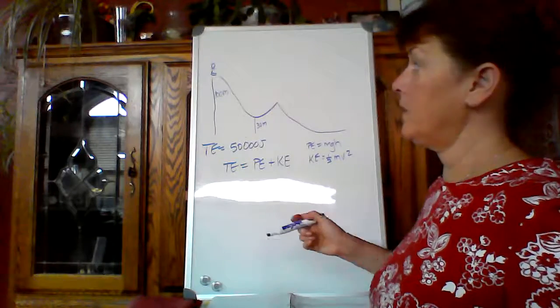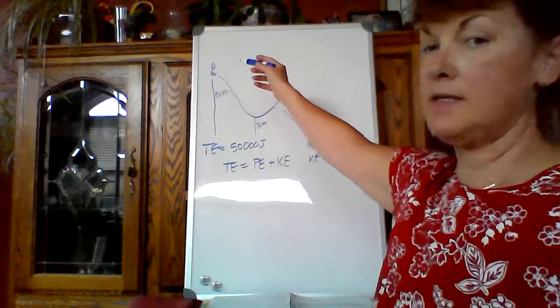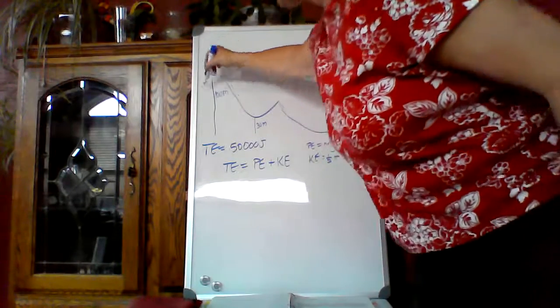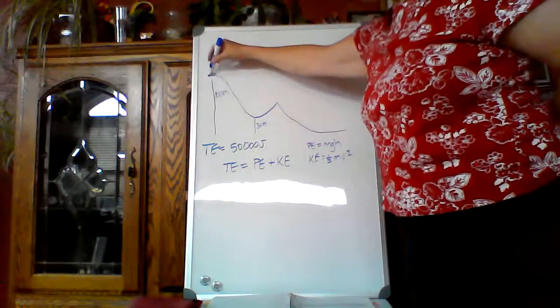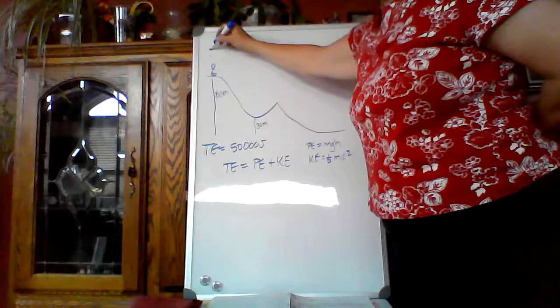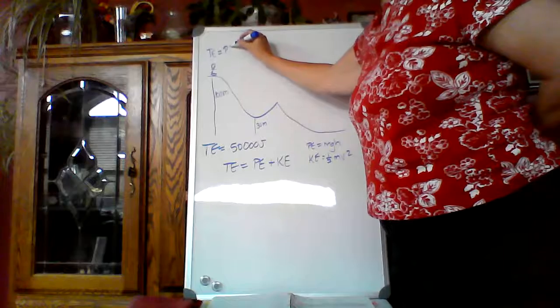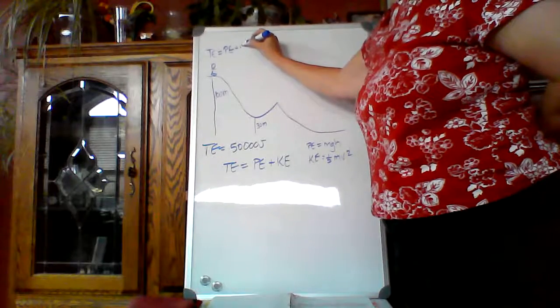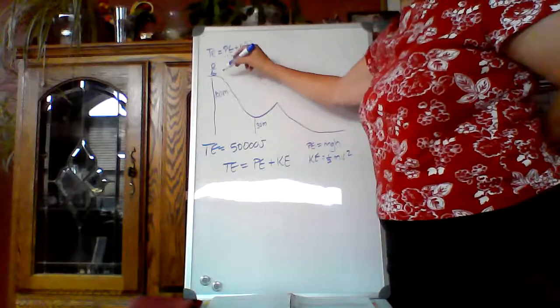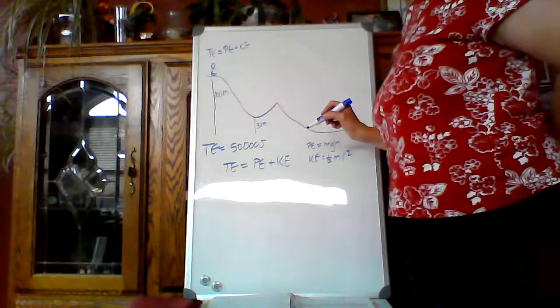couple of things. We can say that at the top of this system, where the person has gone up and they're waiting at the top of the hill and there's no motion, at this point we can say the total energy is equal to the potential energy plus the kinetic energy. We can say that at any point on our ski run.